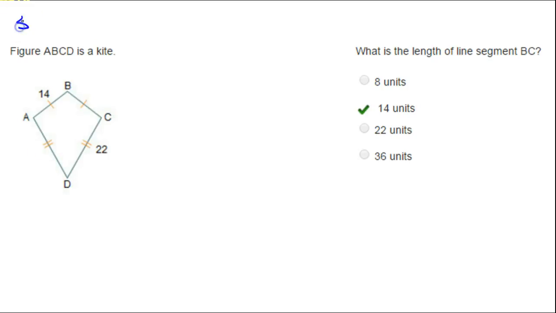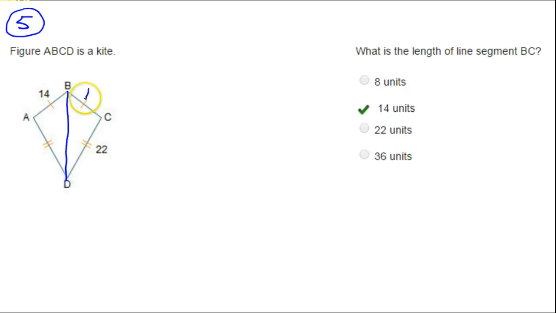All right, this is number 5. I'm continuing to do all the odds. They tell us that this is a kite, and they're showing me that these pairs of sides are the same. Now for a kite, this line down the middle is a line of symmetry.